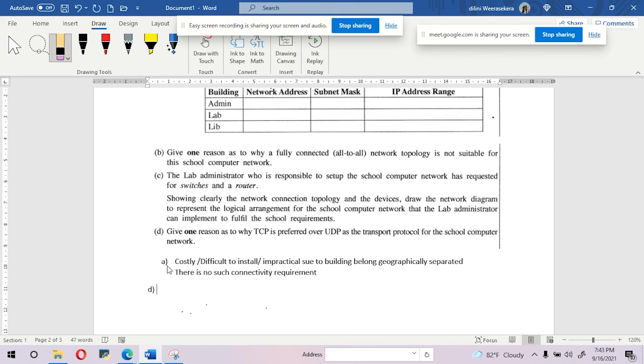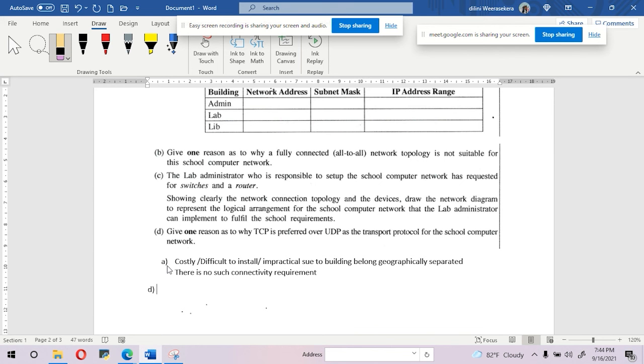So one is in this network, we are connected to the internet. The internet uses TCP, so we have used the TCP protocol. One is that. And TCP has different features. It's a connection oriented protocol.